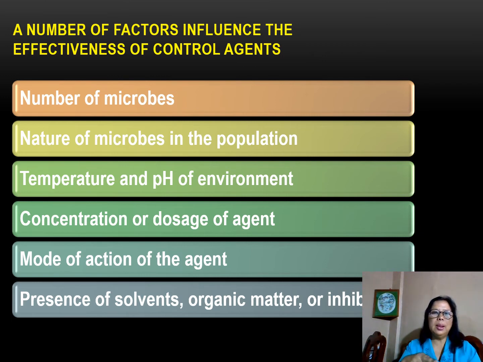So another is the temperature and pH. I'm discussing that already. Concentration or dosage of the agent is another thing that influences the effectiveness of a microbial agent. But it doesn't necessarily mean that the more alcohol you place into your hand, the more microorganisms are killed.